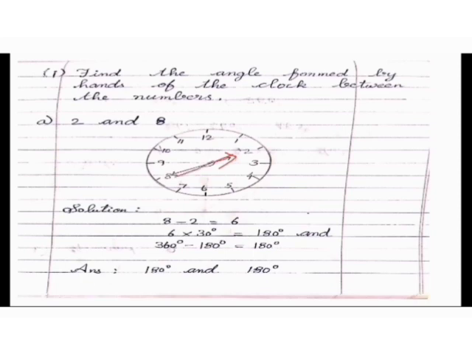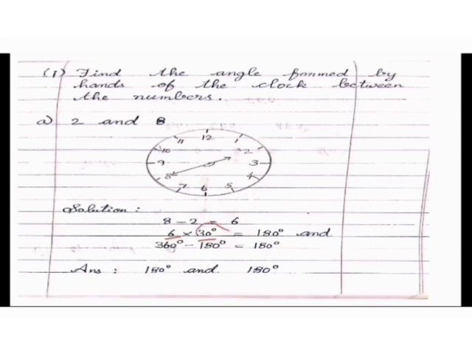Write the first big number 8 minus 2. 8 minus 2 is equal to 6. And then multiply 6 into 30 degree, which is equal to 180 degree.